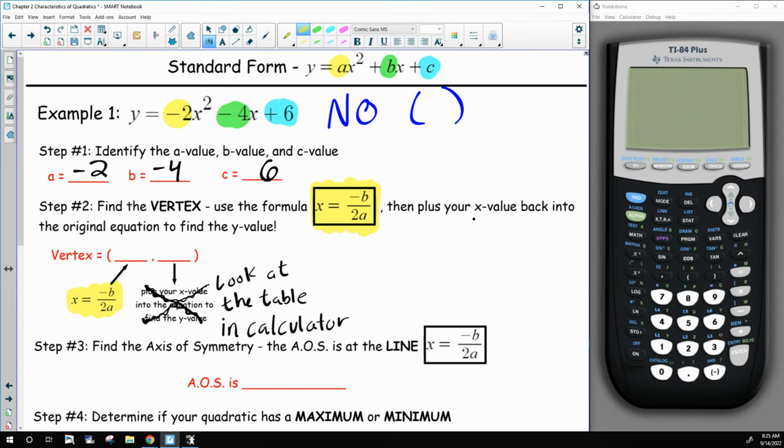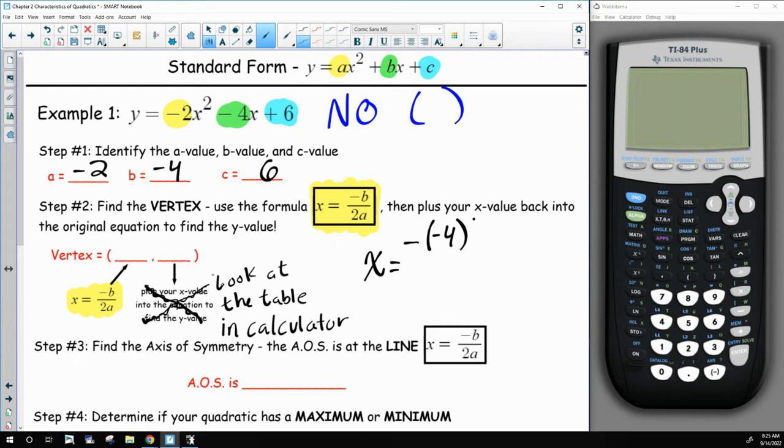So we need to look at our a, b, and c values, put these in so that we can figure out what our vertex is. Let's plug them in. x equals negative, what was our b value? Negative 4? So we're plugging in a negative 4. Does that make sense? Our formula already has a negative sign in it.